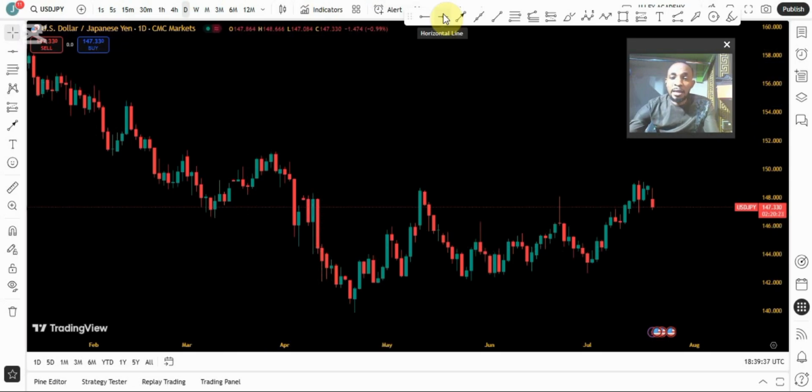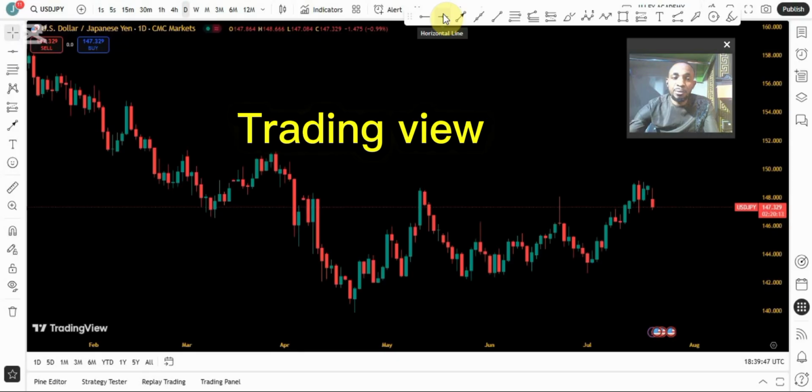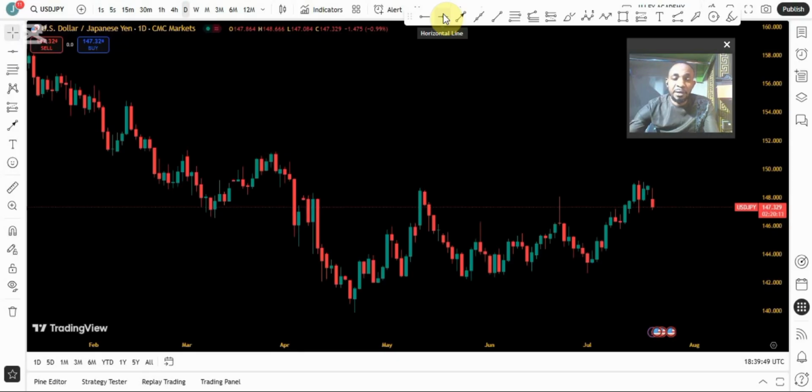For you to analyze a chart or to predict what is going to happen in the Forex market, you need tools like TradingView. To get TradingView is very easy. Just go to your Chrome browser if you're using your computer and type tradingview.com, and it will bring you over to this place.